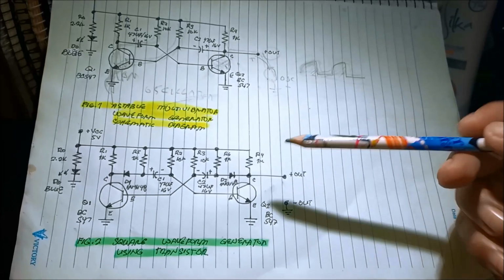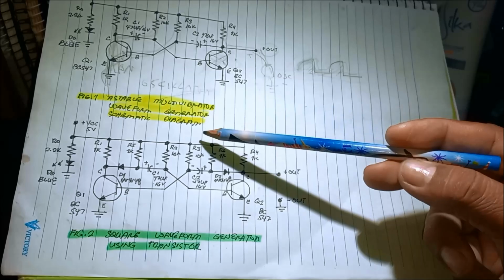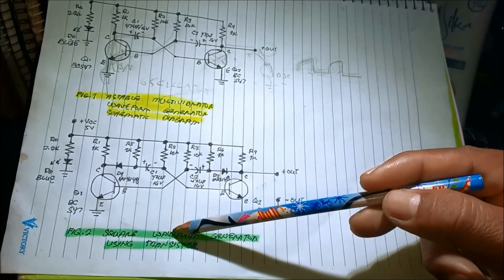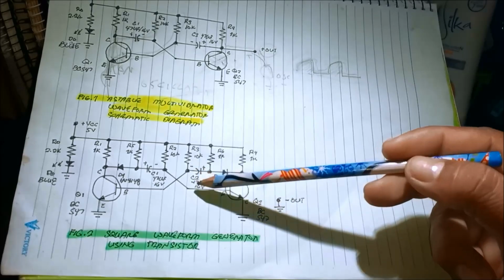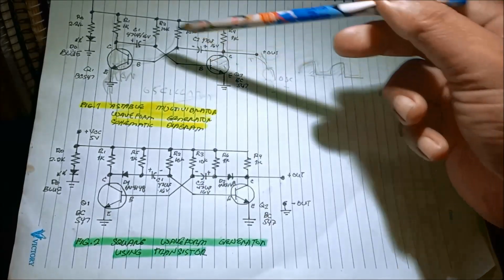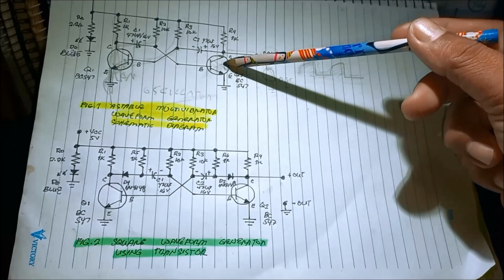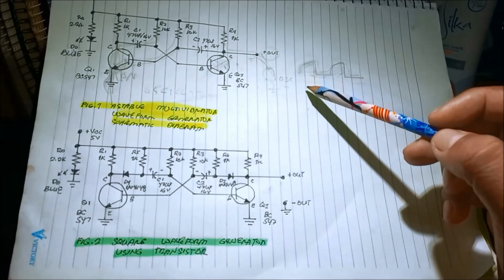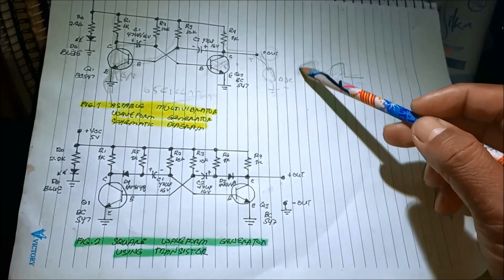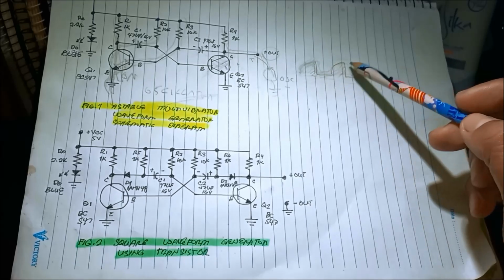Now we have the new schematic diagram for our square waveform generator using transistors. It's almost the same as the original. Okay, what we need to do is make a square wave instead of this regular waveform.